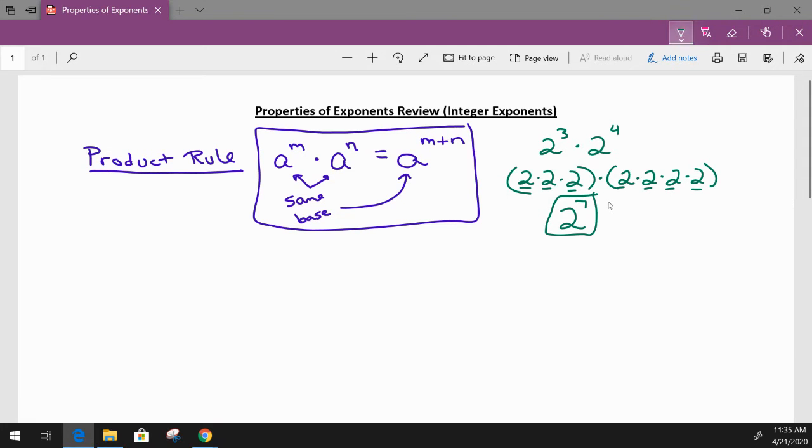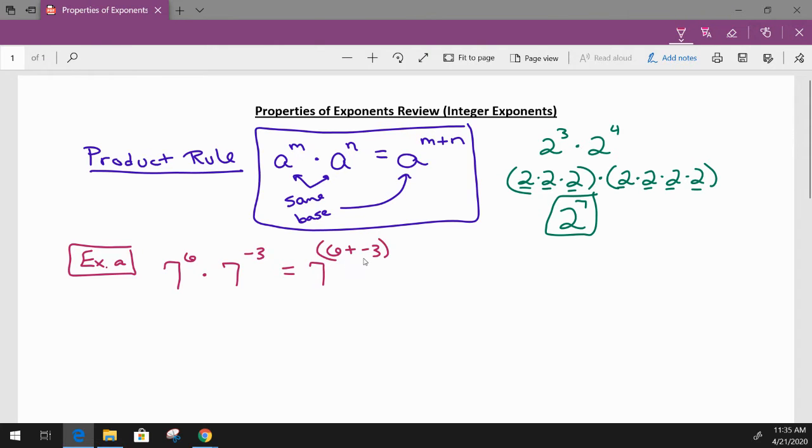So let's do another example. We'll call this example A. Let's say you have something like 7 to the 6th power times 7 to the negative third power. So rather than writing it all out like we did with the 2's, since we know this rule, we can simply apply the rule and add the 6 and the negative 3 together.